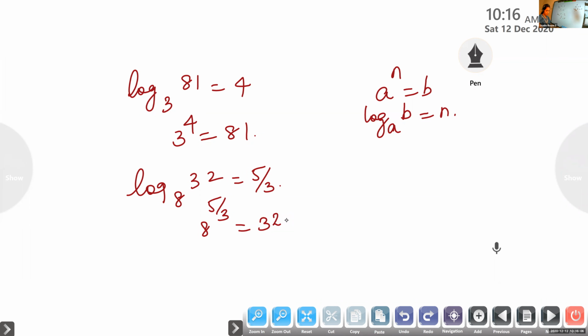Yes, correct, Janet. Then log 0.1 to the base 10 is minus 1. Aditya Satyan, what is the answer?